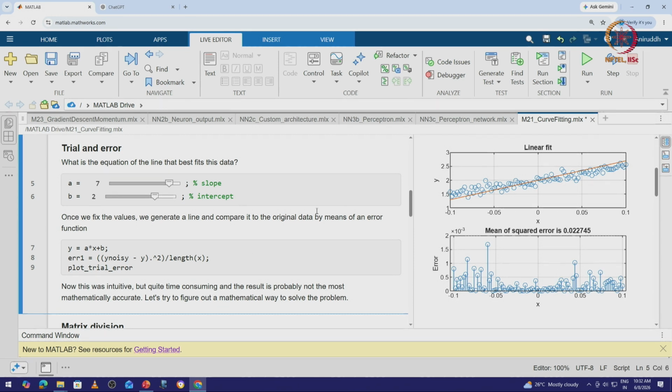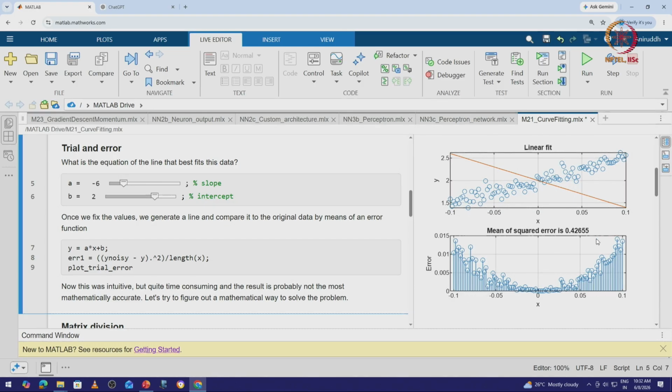So at a slope of 7 we get the mean square error as 0.022. If I change the slope to -6, we can see that this drastically increases, right. And it is also intuitive from the either extremes in the graph. We can see on the left part that the error is very high, and on the right part also the error is very high, and across the middle it is slightly lower because the distance is lower, right.